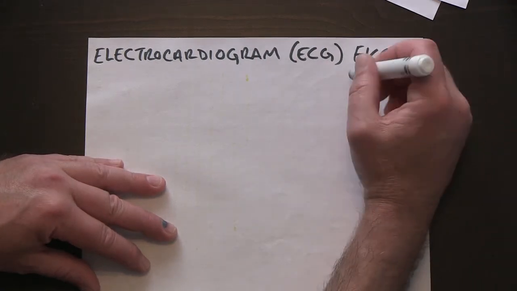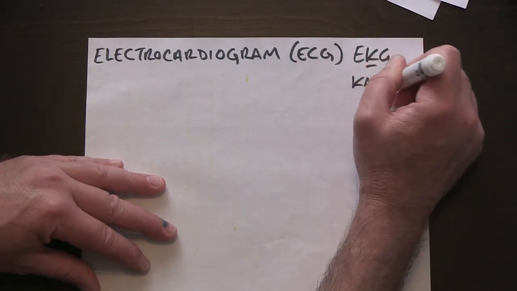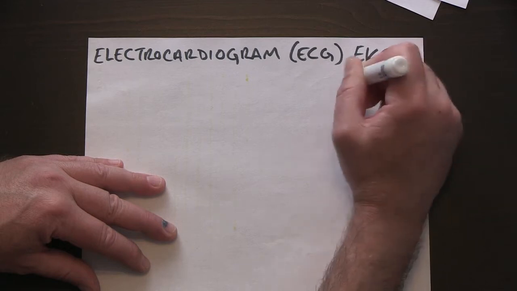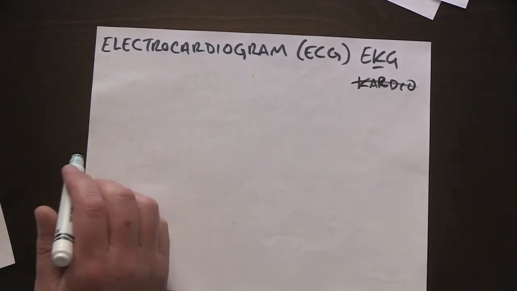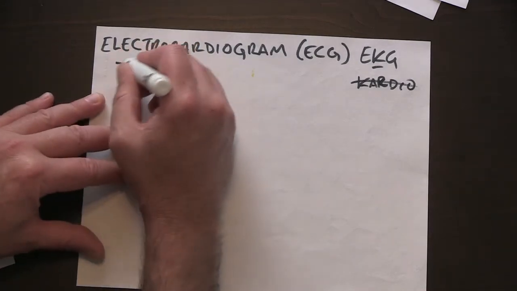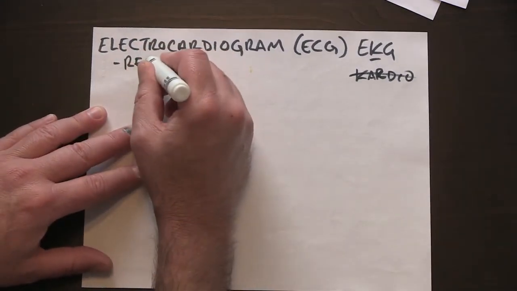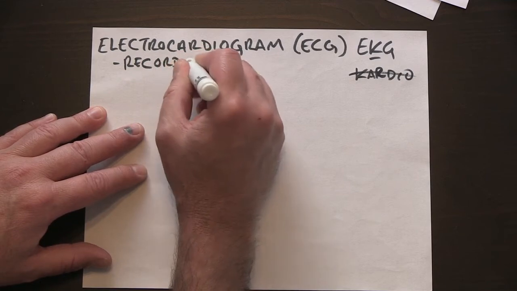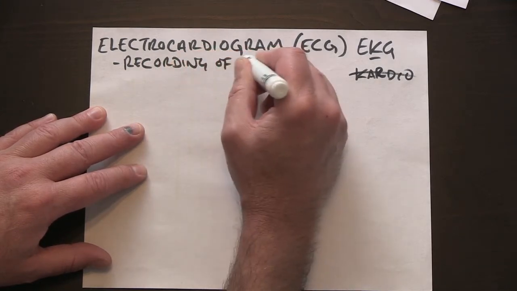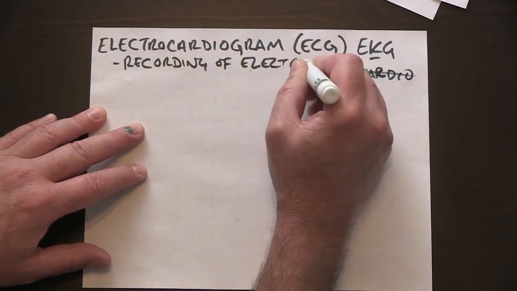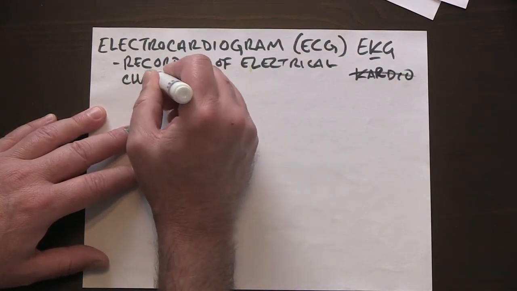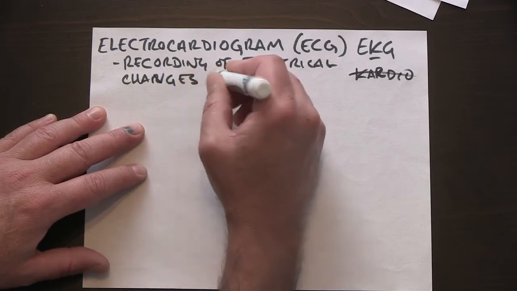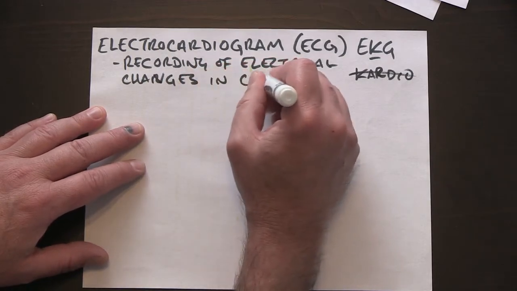I'm assuming it's the Germans; they spell cardio with a K. We speak English, so ECG. This is a recording of the electrical changes in the cardiac cycle.